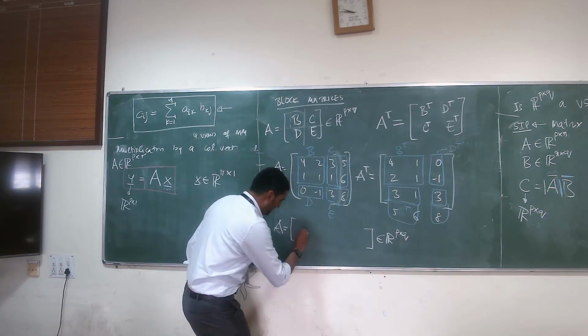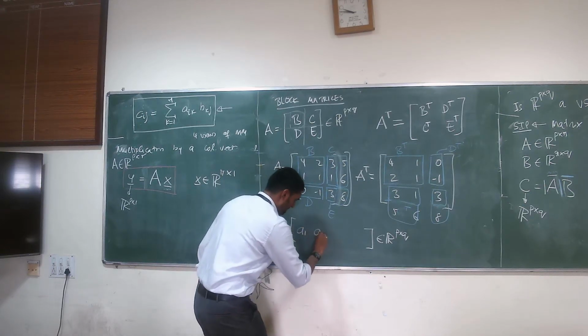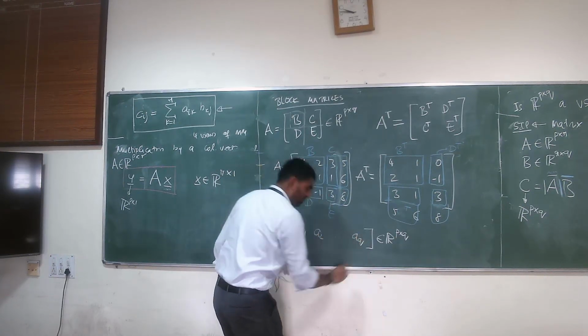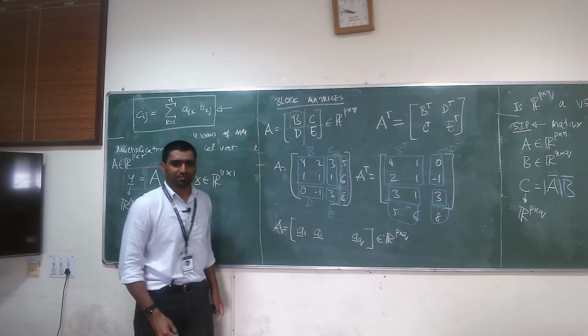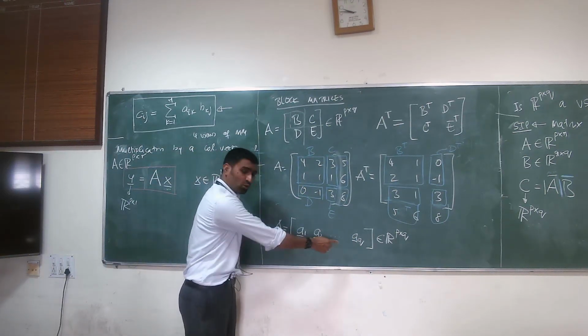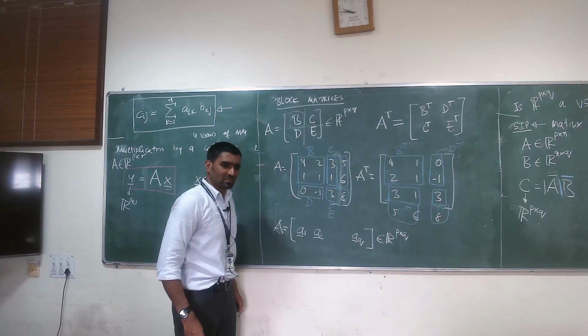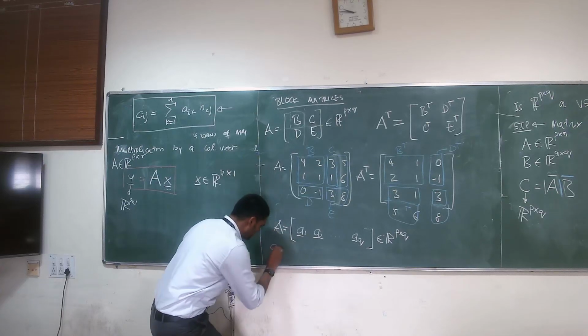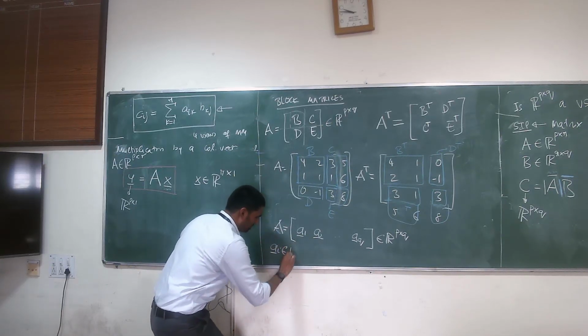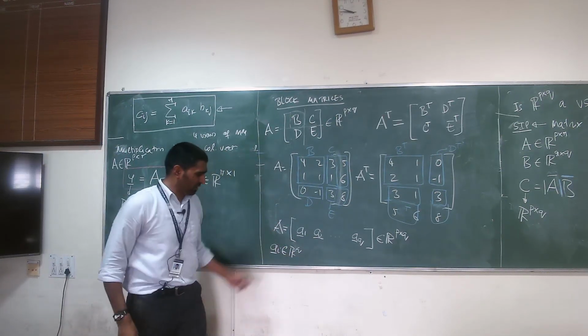That means I can write it as A1, A2, AQ. Each of these is a column vector. How many elements do these column vectors have? Each of these column vectors ai is in R^p, or in fact p cross 1.